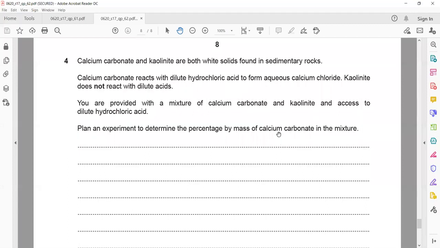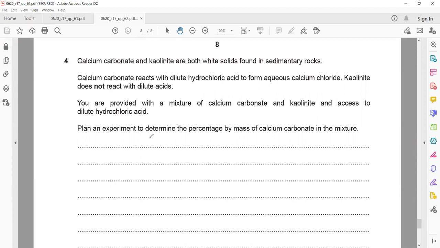In this question, calcium carbonate and kaolinite are both white solids, and they are found in sedimentary rocks. Calcium carbonate reacts with hydrochloric acid to form aqueous calcium chloride, and kaolinite does not react with dilute acids. You are provided with a mixture of calcium carbonate and kaolinite and excess dilute hydrochloric acid.